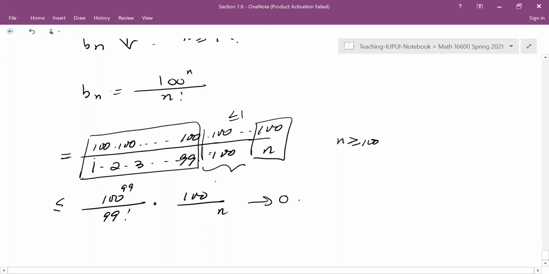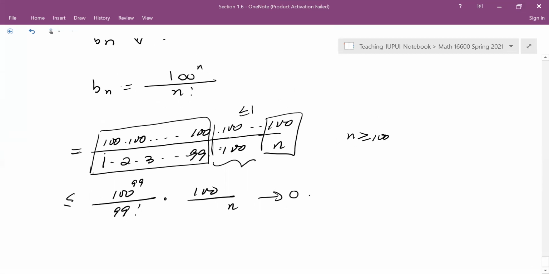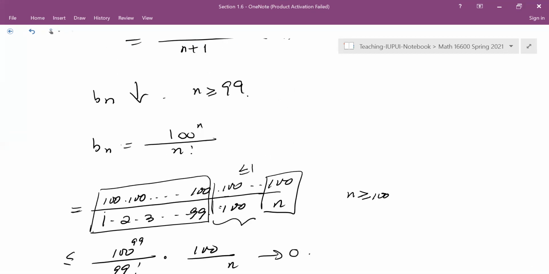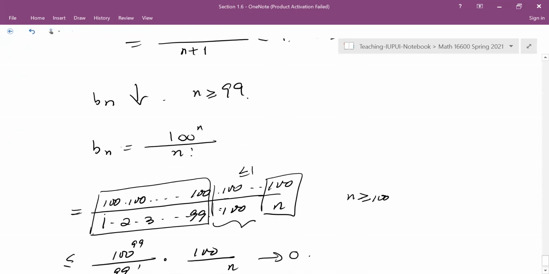These are all less than or equal to 1, if there are any terms between 99 and n. All right, so that's it. So this is not easy, right? Use the alternating series test. This is the first method. We're trying to use many different methods.